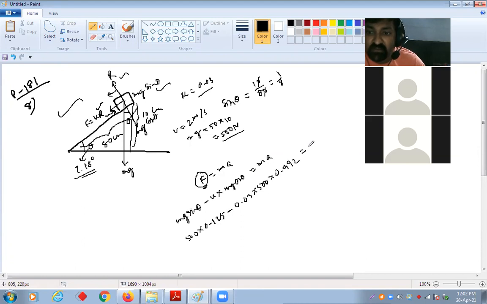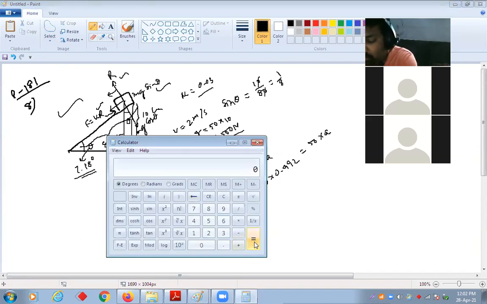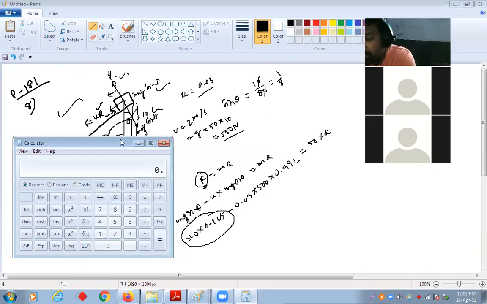This one is equal to mass into acceleration a. Now you find out this value, how much? 500 into 0.125, that is 62.5.